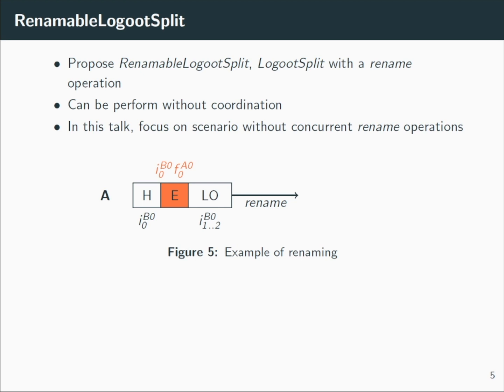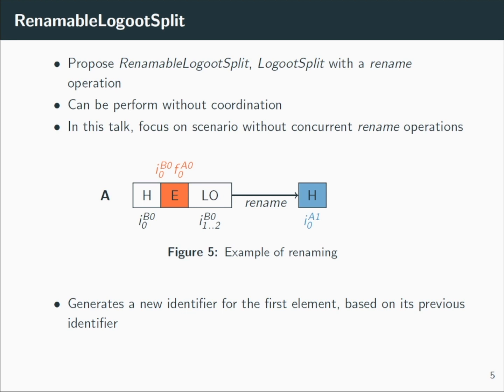So how does this operation behave? We have an example here with node A performing a rename on its local state. So what we do is first reassign a new identifier to the first element. We use the same identifier as previously, but we update its node ID and node sequence number with the current node 1.